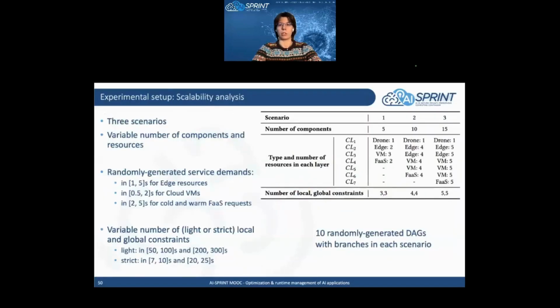To strengthen the observation that the time to solution is small enough to run the SPACE4AI-R optimizer in practical settings, we ran a scalability analysis including 3 scenarios and a number of components varying between 5 and 15. We randomly generate the application DAGs, including branches to consider more complex settings, the service demands, and the response time constraint thresholds.